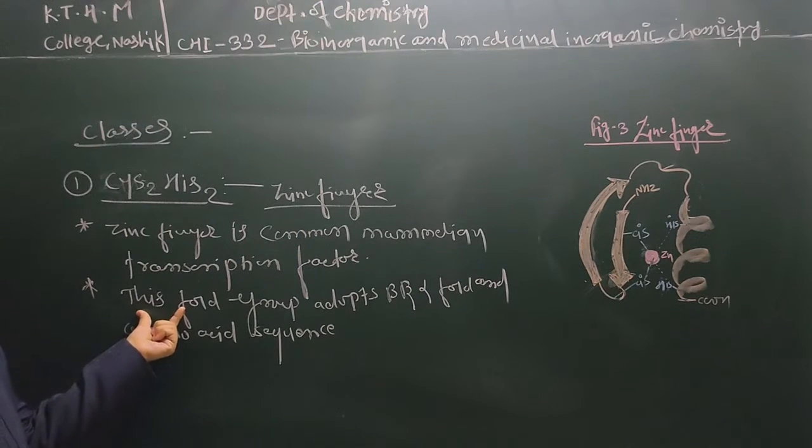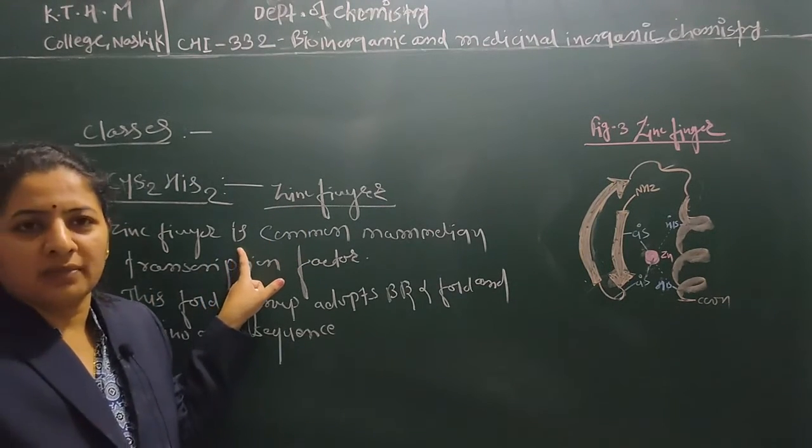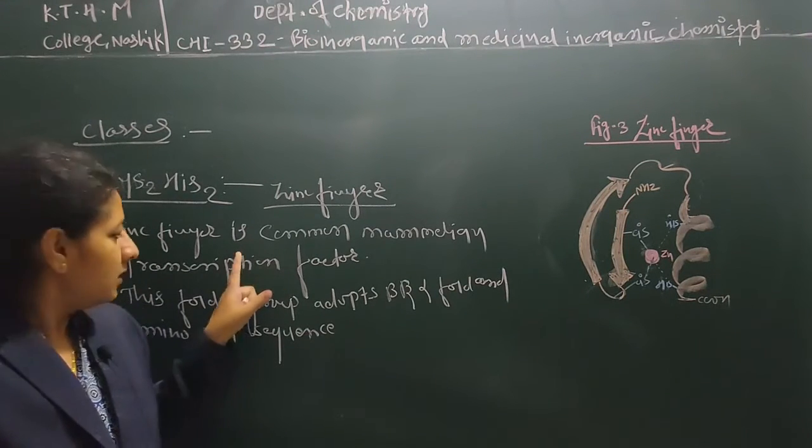So in that class, cysteine 2 and histidine 2, the best example is a zinc finger. Zinc finger is a very common mammalian transcription factor.